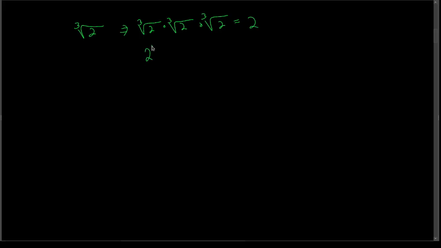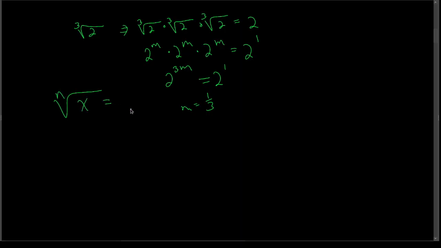So 2 to some power times 2 to some power times 2 to some power equals 2 to the first, so 2 to the 3m, because m plus m plus m is 3m. And so m is equal to 1/3. And we now get this really nice relationship that the nth root of anything is the same as the 1/n power.